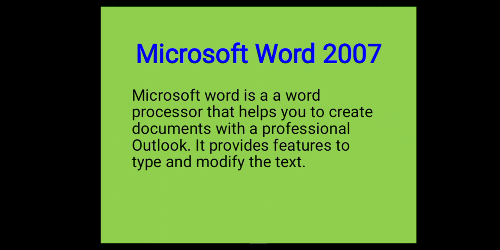Microsoft Word 2007: what is Word? Microsoft Word is a word processor that helps you create documents with a professional look. It provides features to type and modify text. Through Microsoft Word you can create different types of documents, such as an examination paper or an application.